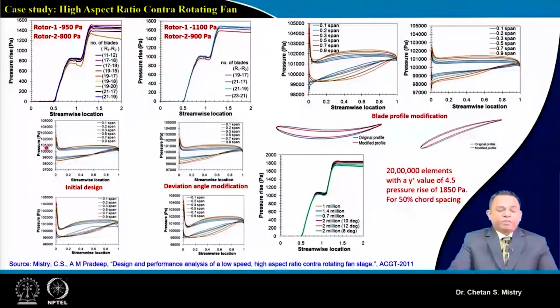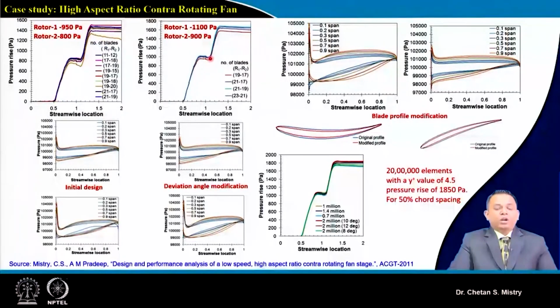This represents different span locations for rotor 1, and this represents aerodynamic loading at different spans for rotor 2. Then slowly we increased our aerodynamic loading, as per our expectation, to 1100 Pascal and 900 Pascal.